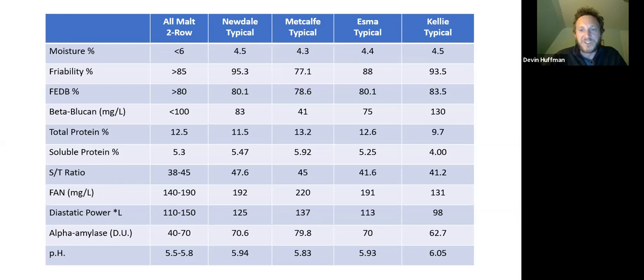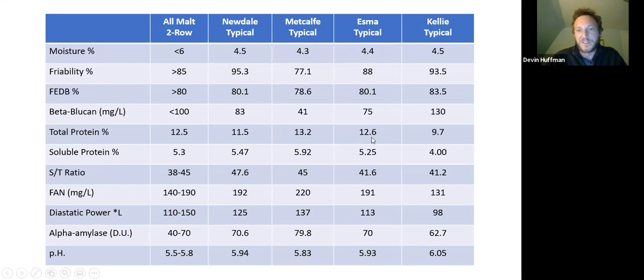So protein breakdown during malting tends to be a little bit less aggressive with a low protein barley, but we're still getting S/T ratios into that 40 to 43% range. Static or FAN is quite a bit lower in the Kelly, in both of the European varieties.